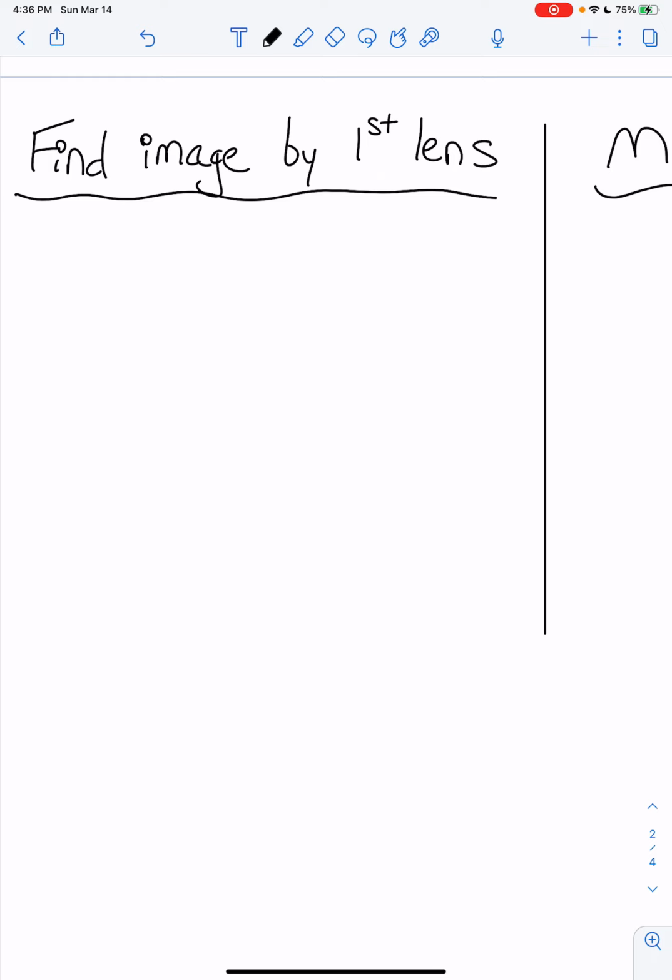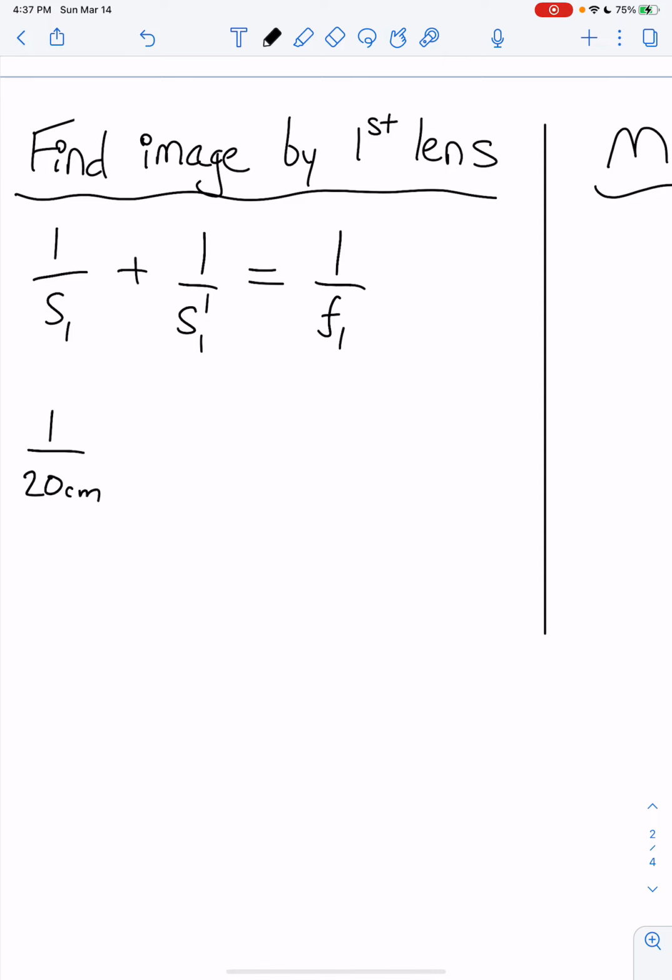So find the image produced by the first lens. We're going to assume that we are dealing with thin lenses, so we can apply the thin lens equation. So it's 1 over S1 for the first lens plus 1 over S prime of the first lens, our distance to the image, equal to 1 over F1. We know that our S1 is 20 centimeters, and we don't know our S prime, the distance to the image.